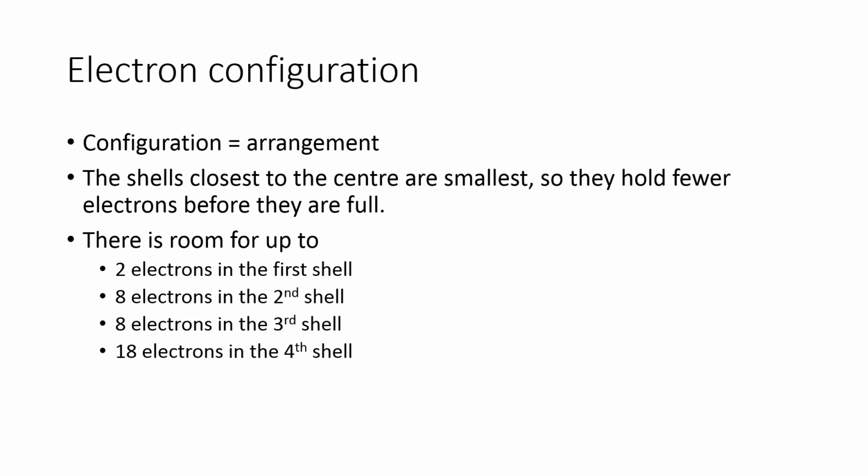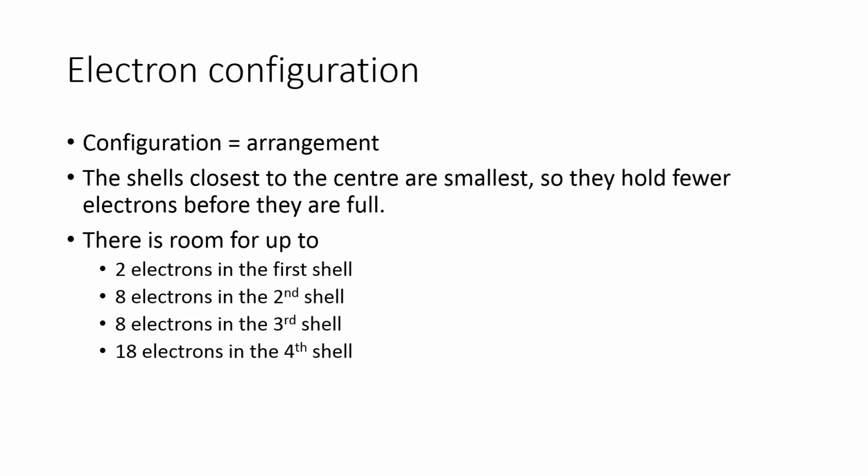So if our first shell is a little bit like a Barina that's very small and doesn't have many seats before it's full, the fourth shell is a bit more like a small bus where there are many, many more seats and can therefore take many more passengers before it fills up.